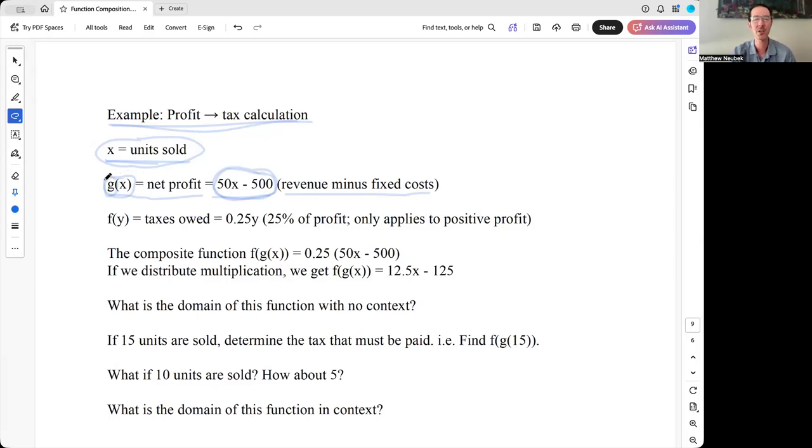We could give this function a legitimate word as a name. We could call it the profit function. But for the moment, it's g of x, because that's what we've been using so far in this conversation. Once we figure out what the profit is, we're going to take the profit as a number, and we'll drop it in place of y into the f function. Now, this f function calculates how much taxes we actually owe.